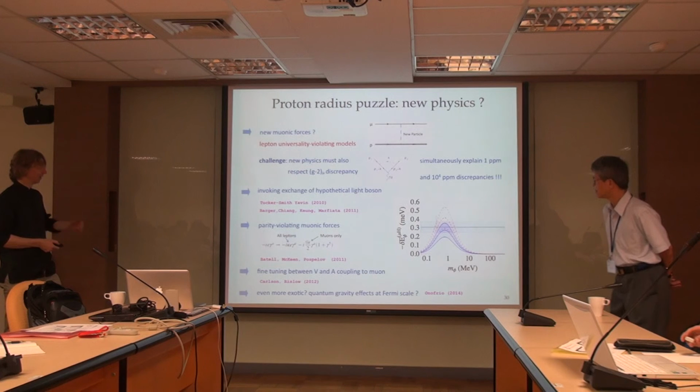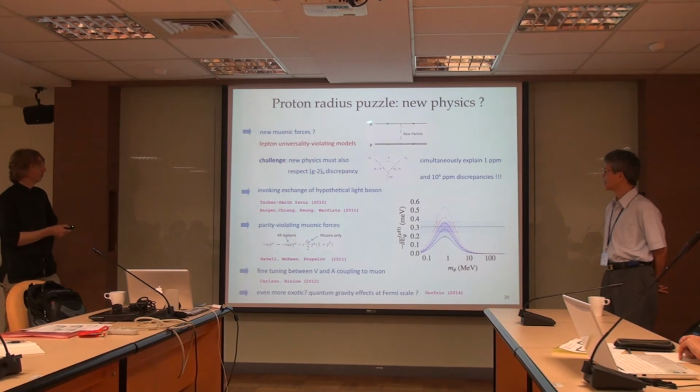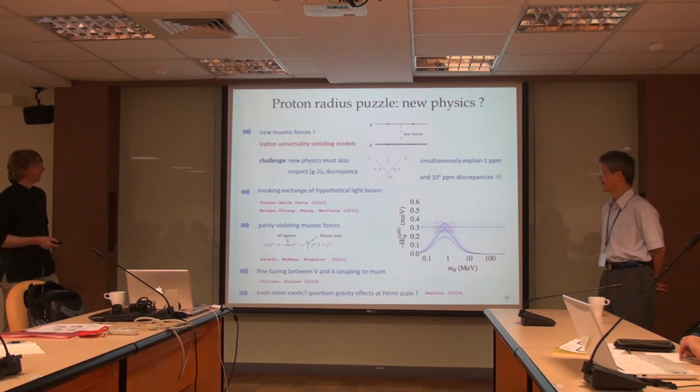It's not meant as a fundamental theory. It's just proposed as an effective coupling. We don't know, there's no symmetry group, let's say, where you would say that the muons are singled out. So it's just proposed to have an effective coupling. That sounds strange.